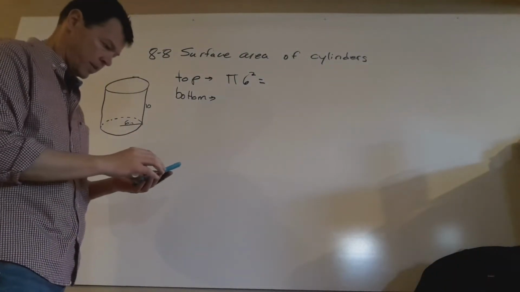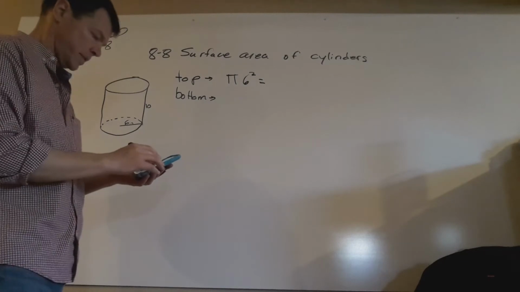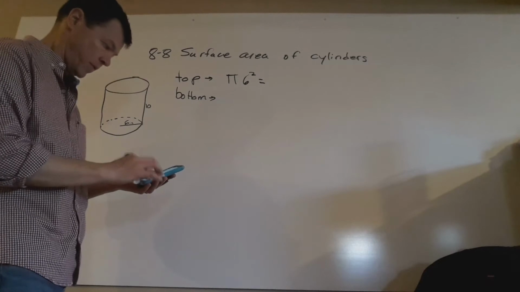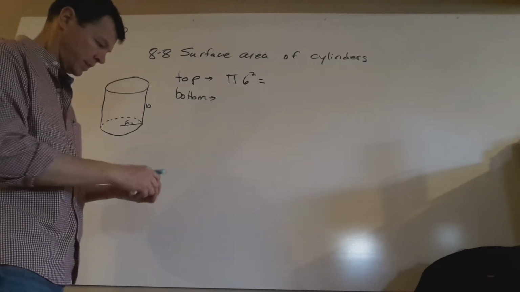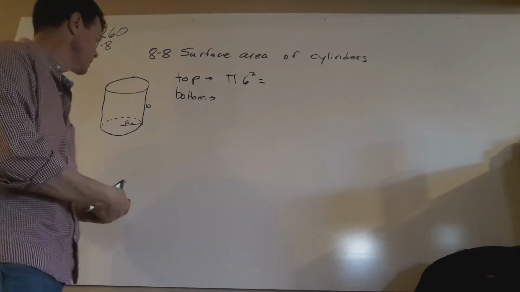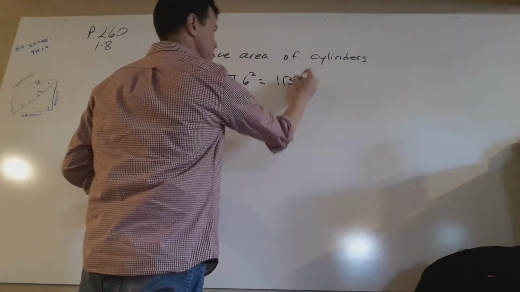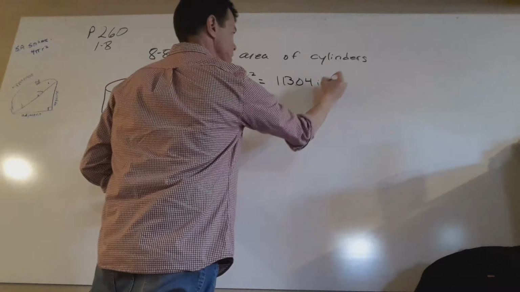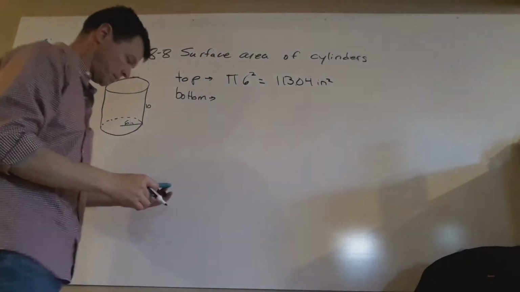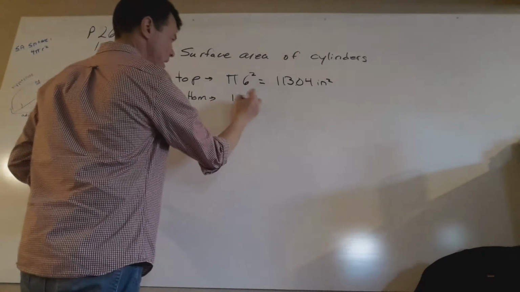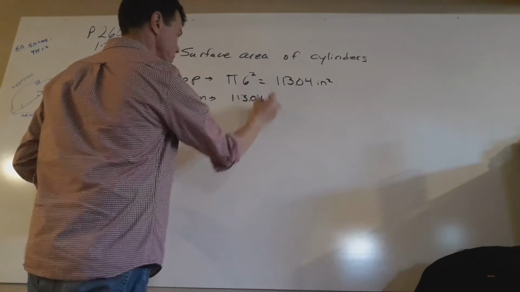Using a calculator, 36 times 3.14, the top of this is 113.04 square inches. The bottom is the same size, so that's 113.04.